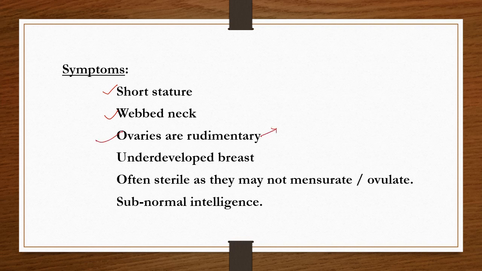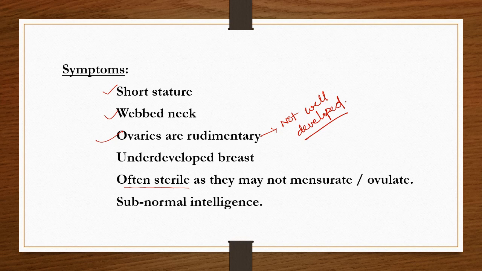Now ovaries are rudimentary. Rudimentary means not well developed, underdeveloped. Breasts are also not well developed. We already said that Turner syndrome individuals are females. Commonly they are sterile.